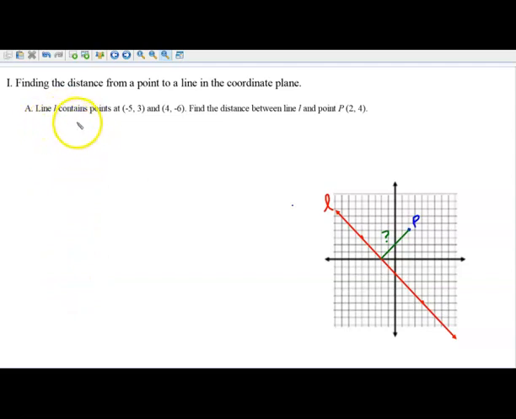So we're told that line L, which I've got pictured here in red, contains the point -5, 3 and the point 4, -6. So you can see how L has been drawn there.